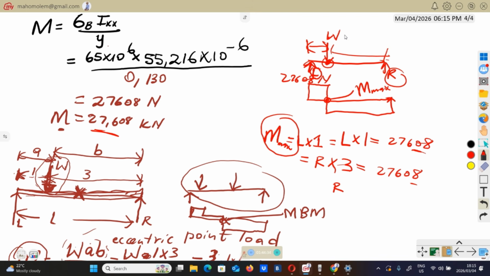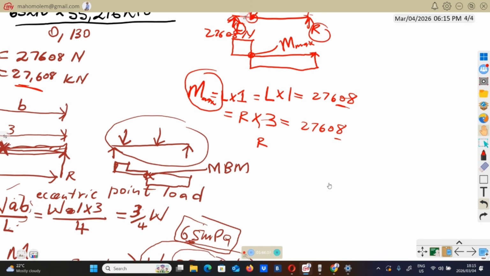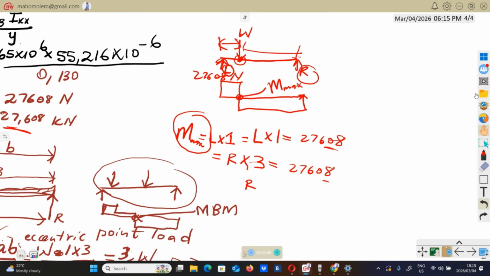So after this, you can come and say clockwise moment equals anti-clockwise moment. So you can take moments at R. When you take moment at R, the clockwise moment will be that force 27608, which is this force here, multiplied by the distance 4, from here to there.